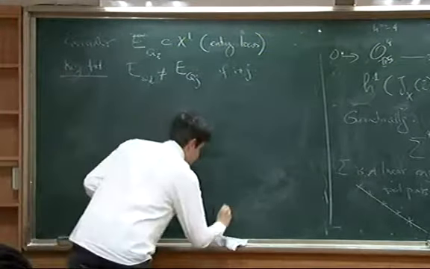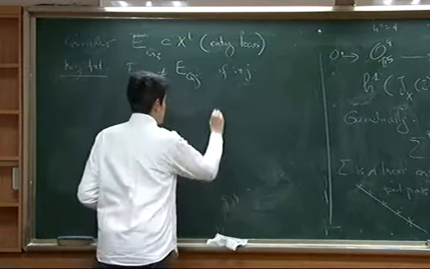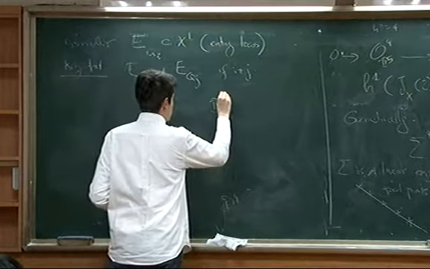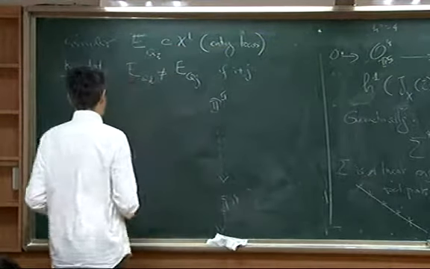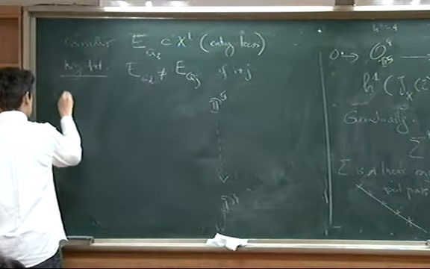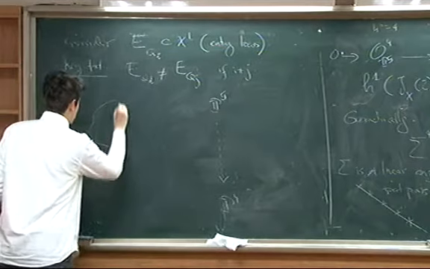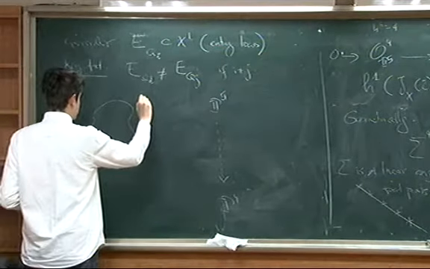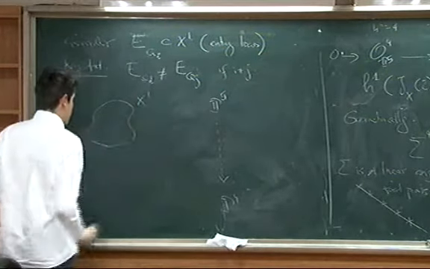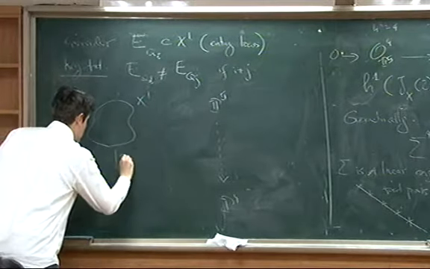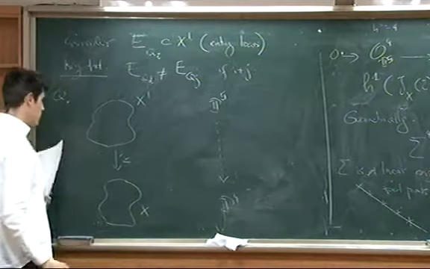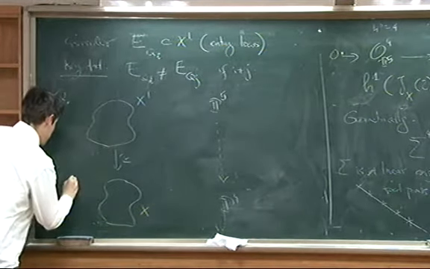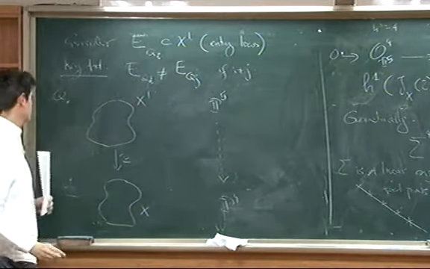So here we have P4. Here we have P5. This is the projection from a point Q. This is X prime. This projects isomorphically onto X, right? This is a general point P in P4.